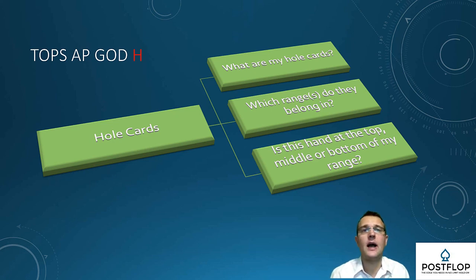Before you consider your hand, you should first be analyzing the earlier steps. The H comes last for good reason. If you've gone through the process properly, by the time you consider your hole cards, you'll know which range the hand fits into. You'll also know if it's at the top, middle, or bottom of that range. These are some of the things that are important for you to note as you go ahead and make your action.